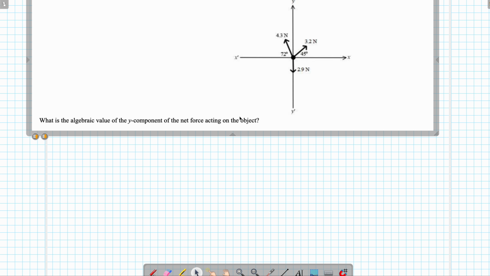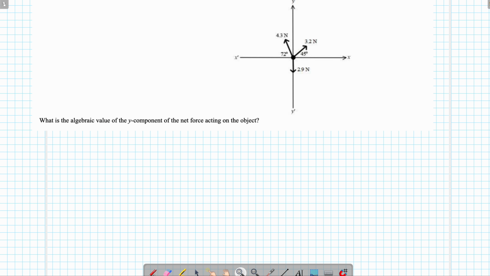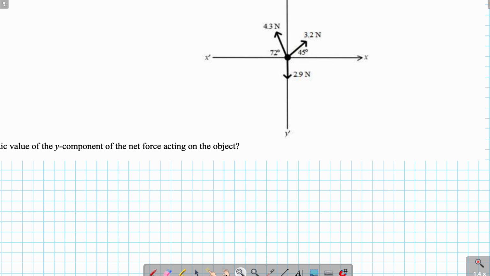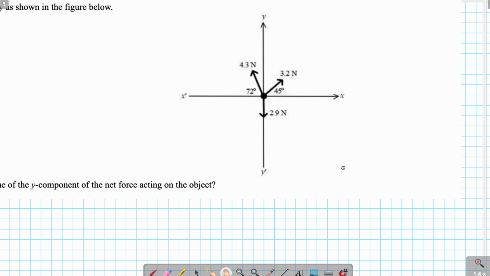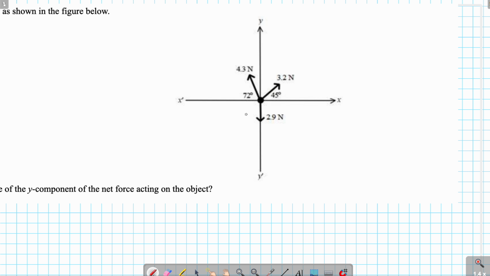Now let's have a look. Here we need to project this force and this force, right? We only care about the y component, so no need to worry about the x component.